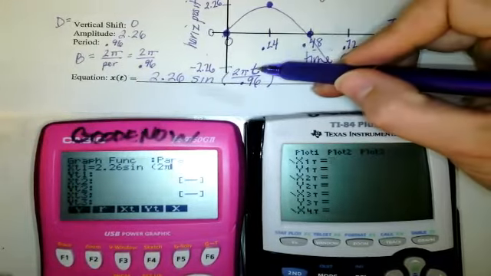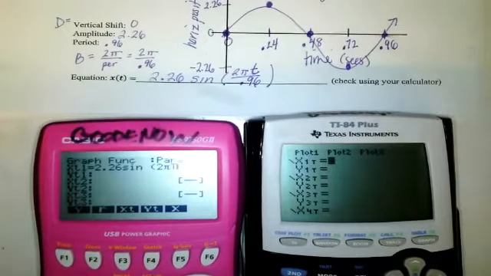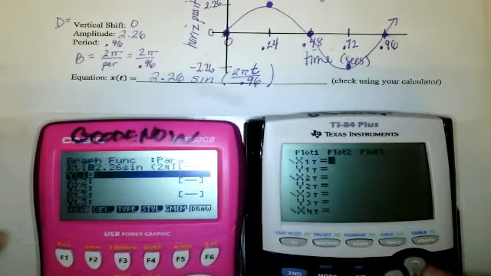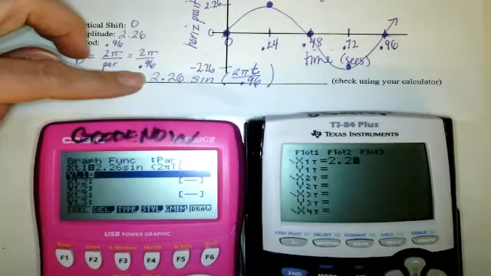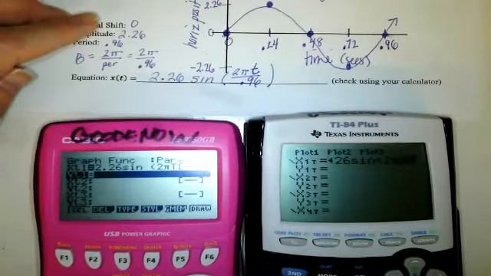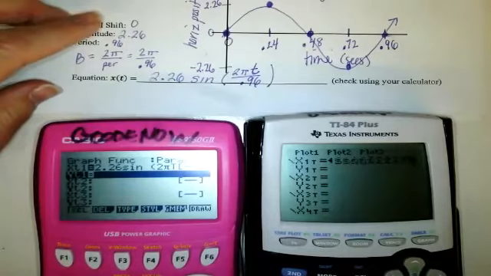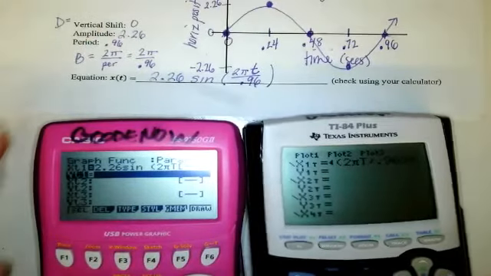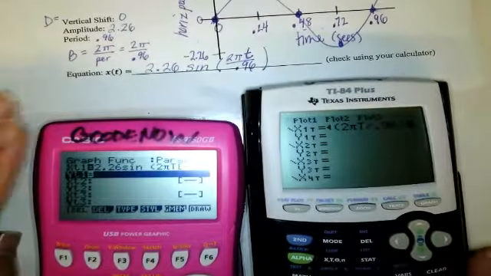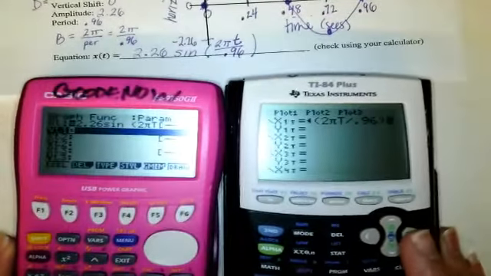I have my variable on top, so I'm going to use the same button for the variable as you normally would. It changes the variable to t for you. Same thing here, 2.26 sine of 2 times pi times t divided by 0.96. It automatically uses the proper variable.